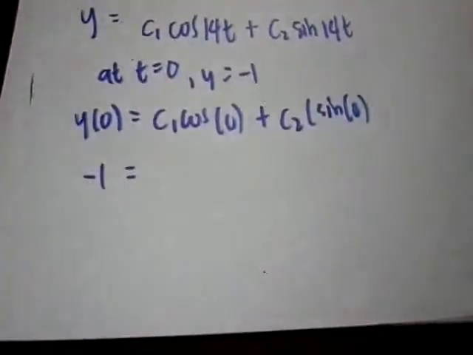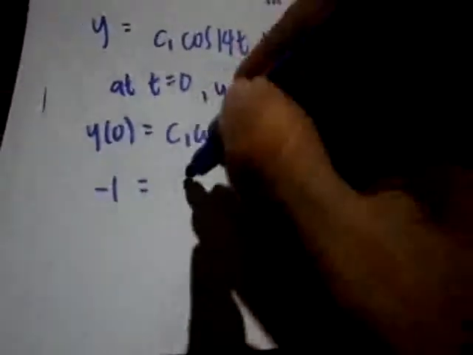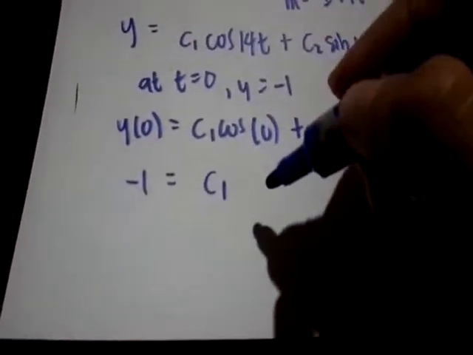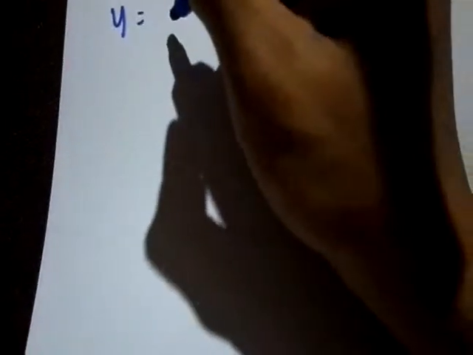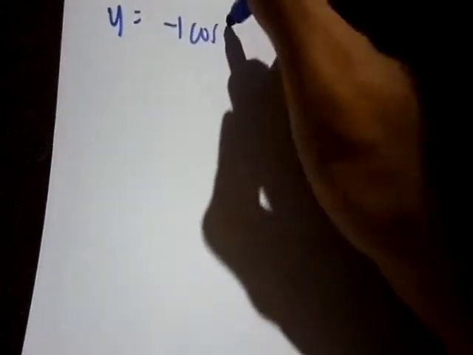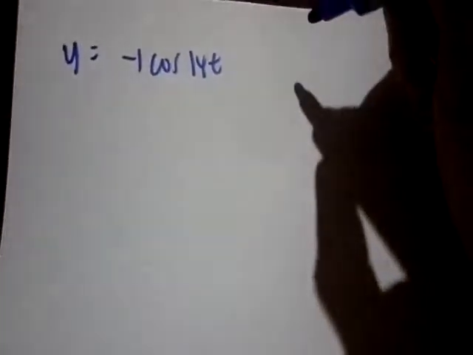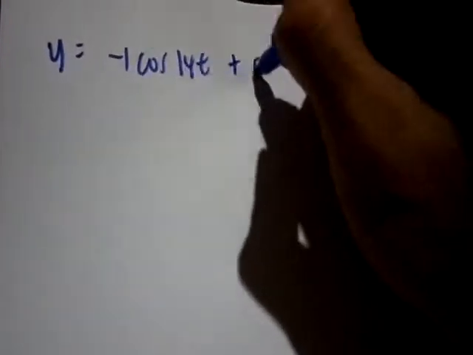Cosine of 0 is 1, so c1 is equal to -1, and we will input c1, so it will be y equals negative cosine 14t plus c2 sine 14t.